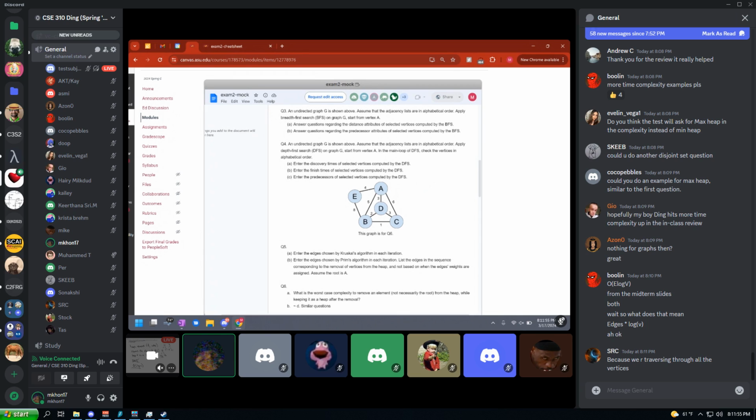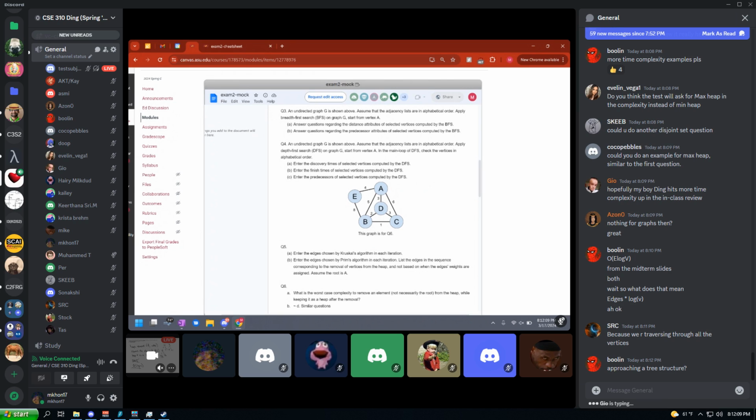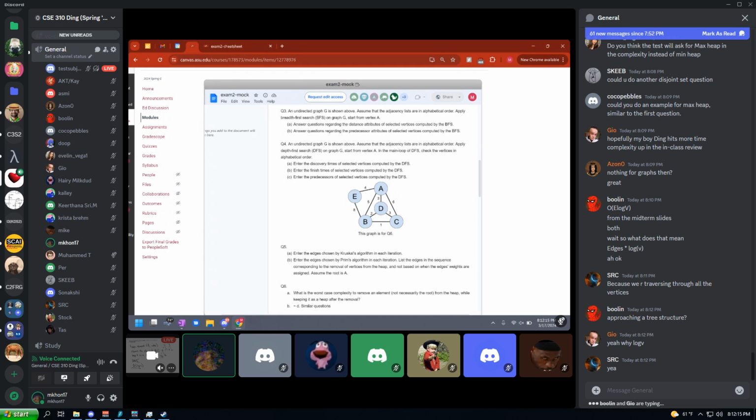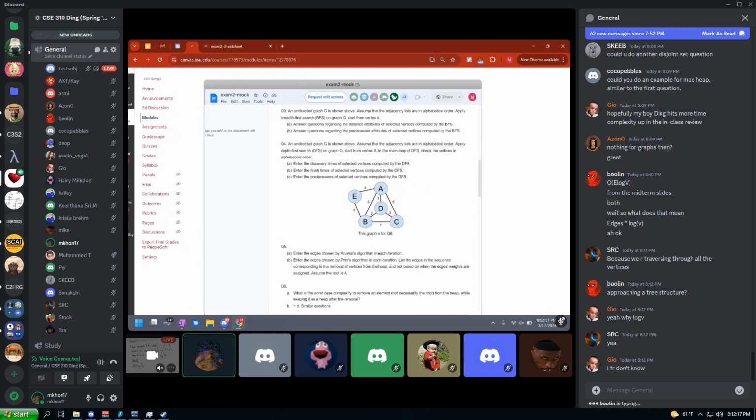I know you traverse through all the edges, that's why you get edges, but I don't know why it's log V. Log V insinuates that you only need to go through a couple of the vertices to get all of them. I mean, it is a tree structure, so that could be it, I don't know.